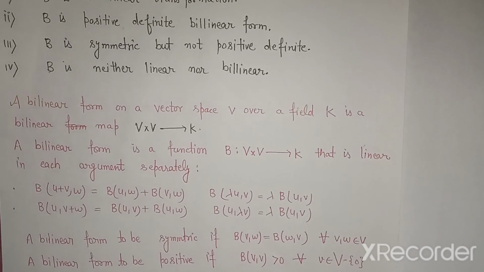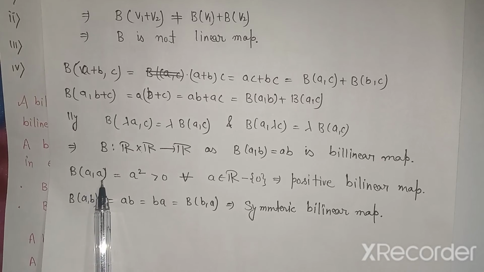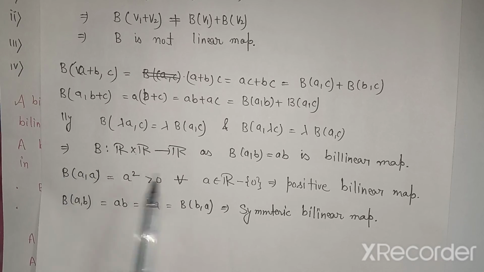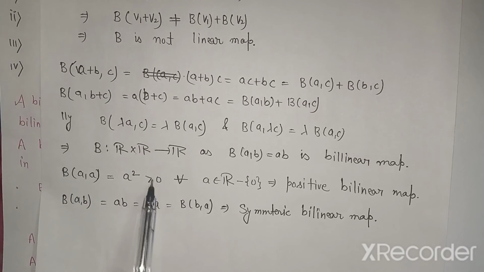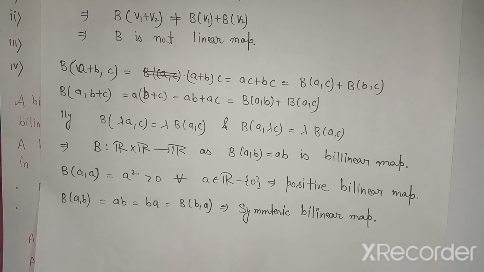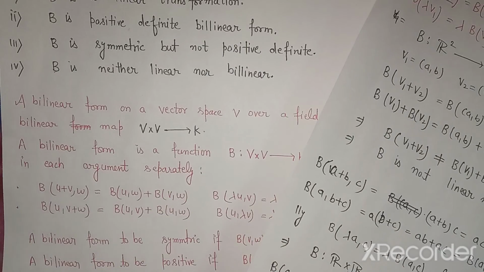So B applied on (a, a): the map is B applied on (a, b) is a into b, so now it becomes a square. It is always positive for all non-zero vectors. This implies this bilinear form is a positive bilinear form. So this implies the second option is the correct option.